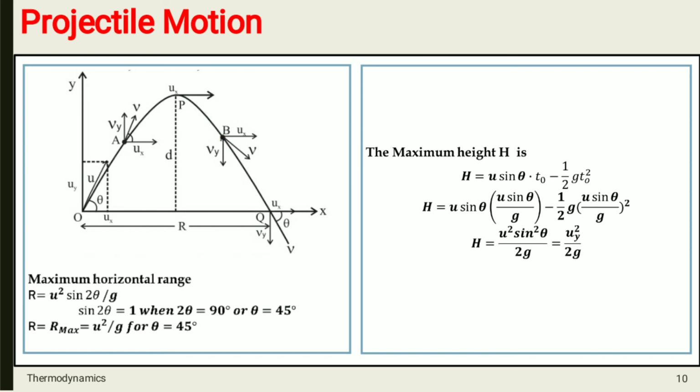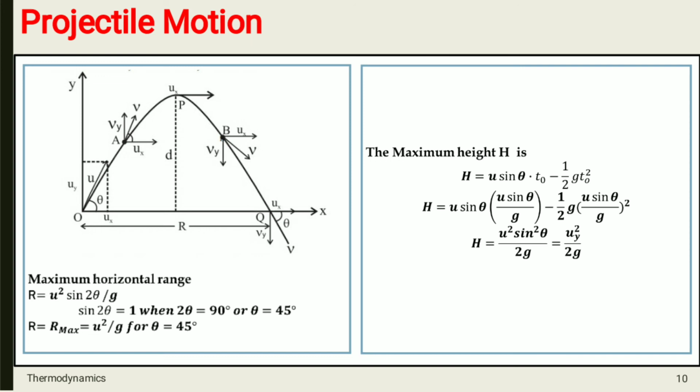So here H is equal to u sin theta into bracket u sin theta divided by g, this is the expression for T0, minus half g into bracket u sin theta divided by g whole square.